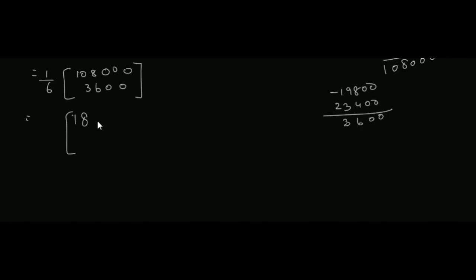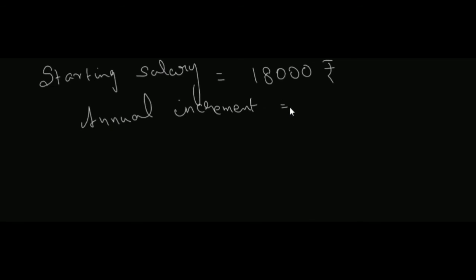You get x as 18,000 and y is 600. So x is 18,000, y is 600. x is the starting salary, so the starting salary is 18,000 rupees and the annual increment is 600 rupees. So we solved this using the matrix inversion method.